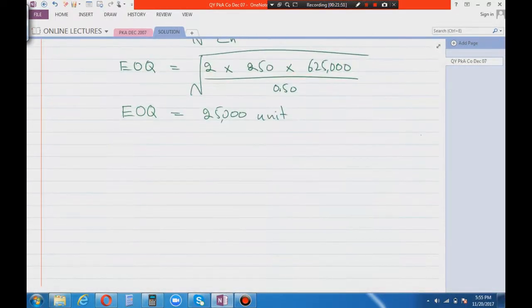So now let's calculate the cost using the same formula, same methodology. Using the same methodology, we'll calculate the total cost for economic order quantity policy, right? So cost of ordering and cost of holding.